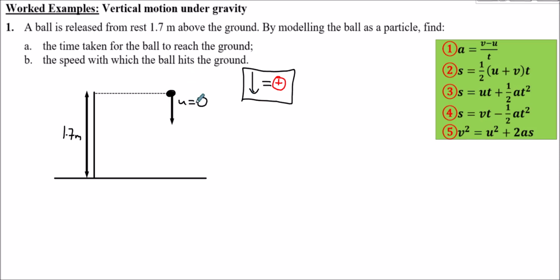And we need to find the time taken for the ball to reach the ground. Well, based on what we've done so far, we should now know, in fact, that g, the acceleration due to gravity, can always be modelled as being 9.8. Okay, so we're going to model this as being 9.8 meters per second squared down.